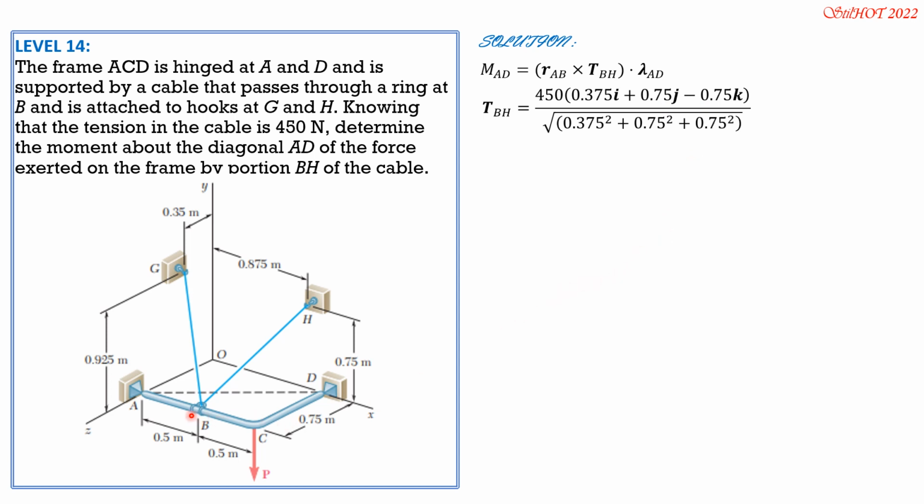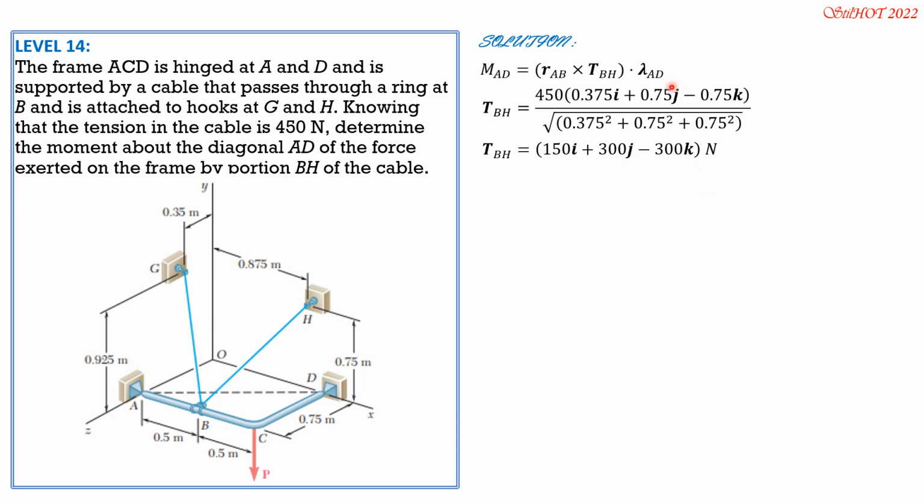So again, 0.375 is 0.875, the x coordinate of H, minus the x coordinate of B. Then you rise by 0.75, then backward 0.75, so negative 0.75 K. So tension BH is 150 I plus 300 J minus 300 K.